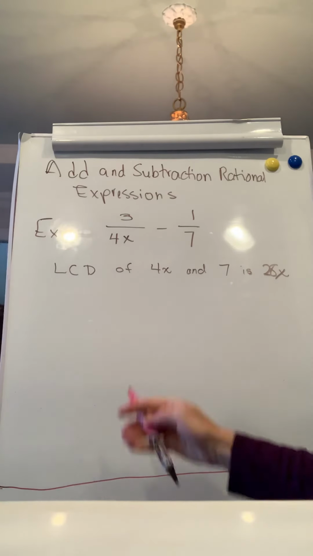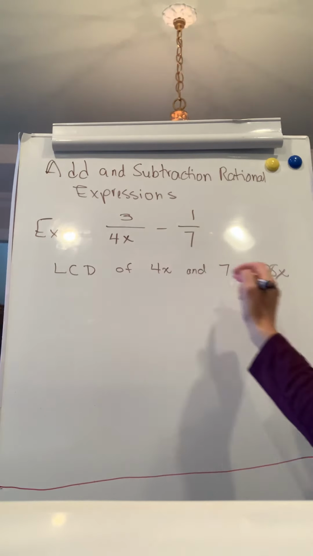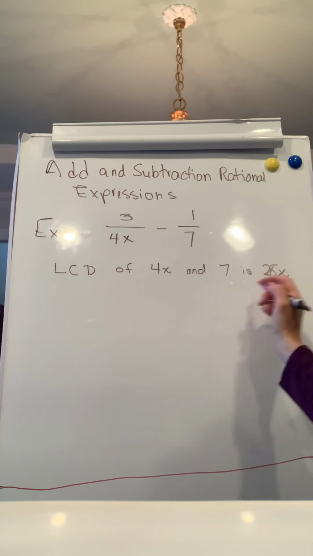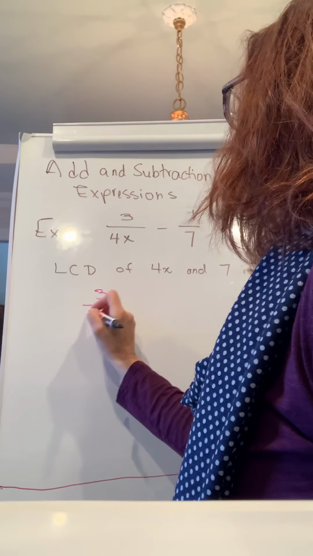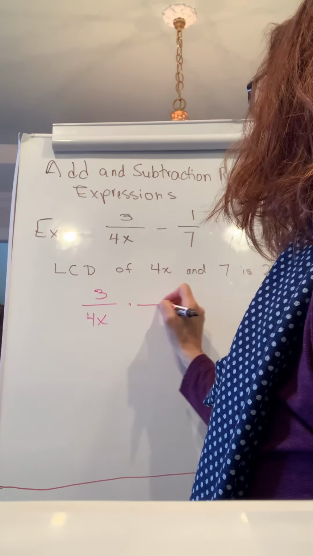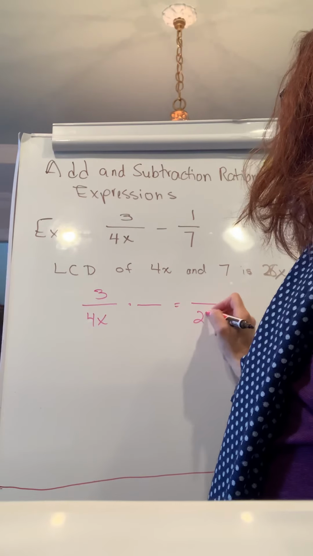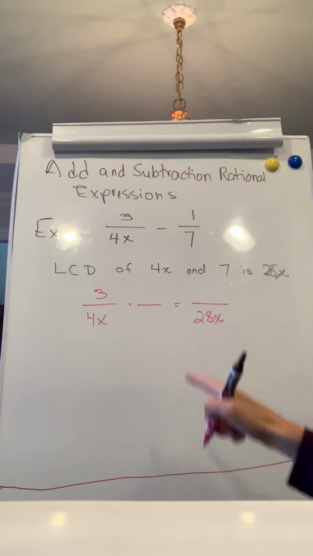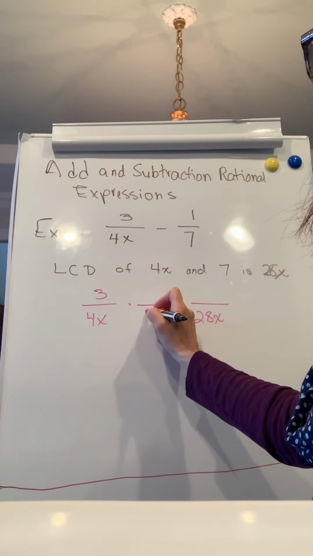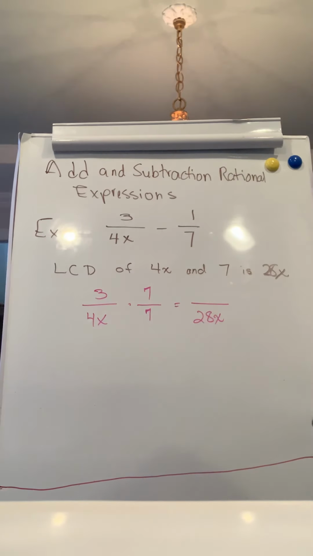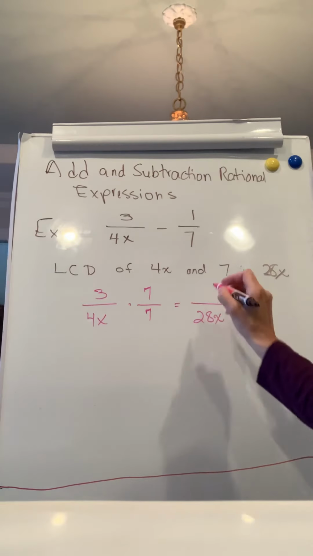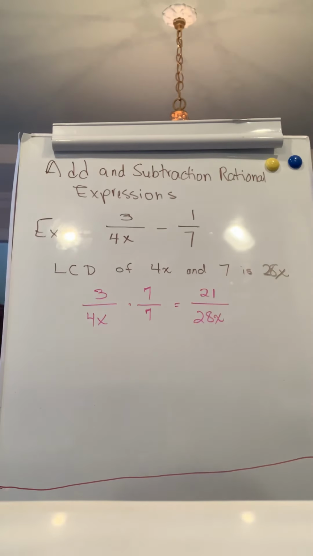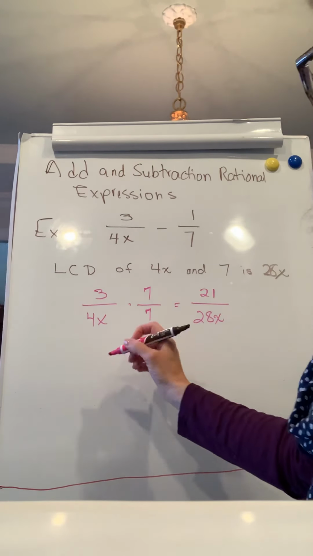Now, before I can subtract each one of these fractions, I have to put them over 28x. So let's think about how we do that. What do I have to multiply 4x by to get 28x? I have to multiply it by 7. So that means I have to multiply the numerator by 7. So I get 21 over 28x.